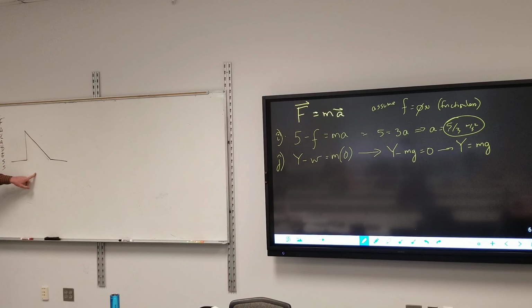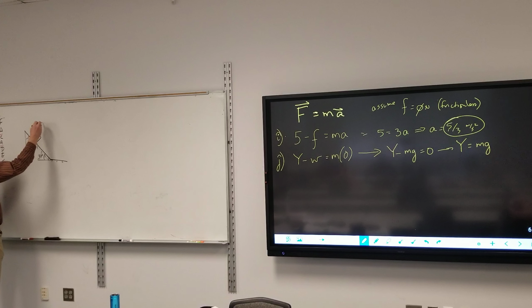Indicating the ramp is part of the ground, that all of this is fixed. I'm going to give a value here, we'll make that a 37-degree angle, the box right here. And we'll keep it at a 3-kilogram box.